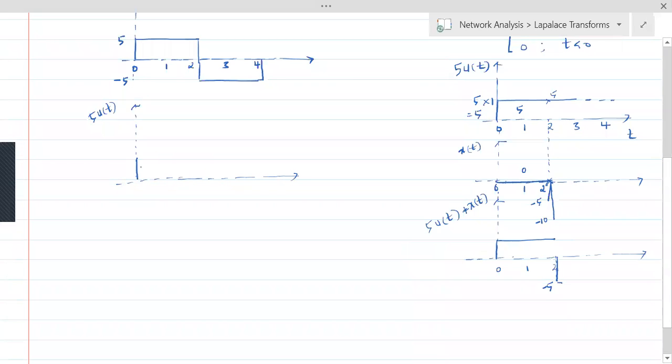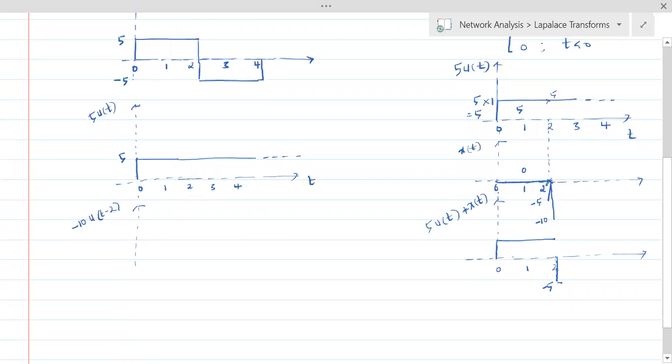In that 5u(t), I'll have a signal of amplitude 5 from 0 to infinity. 0, 1, 2, 3, 4. Then I need another signal which is -10u(t minus 2).